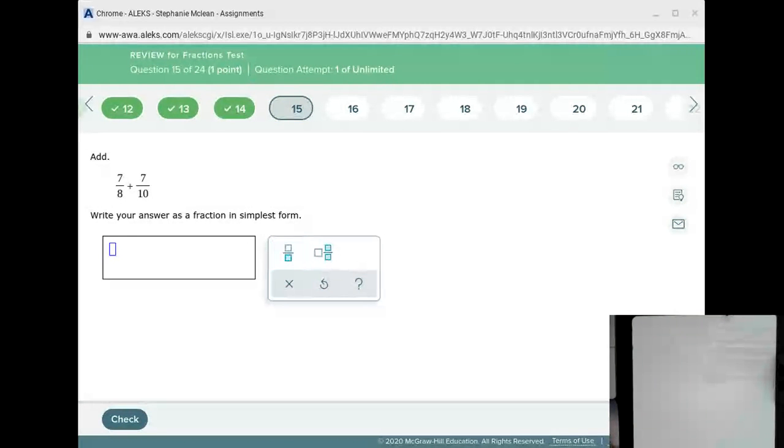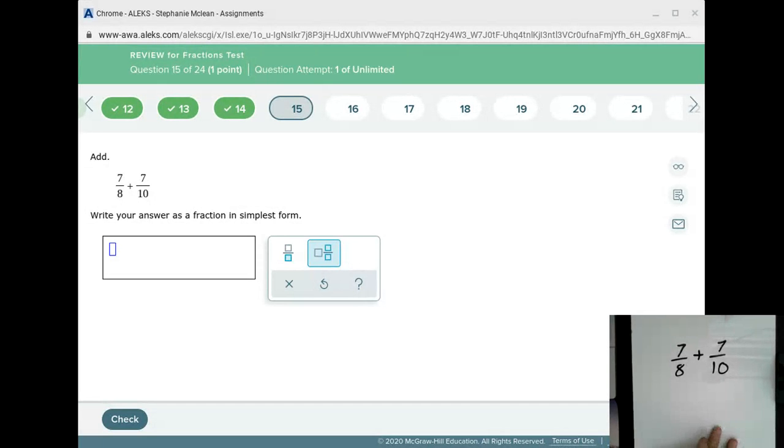Okay. So over here on my little whiteboard, hopefully you guys can see this, I have 7/8 plus 7/10. 40 is my lowest common denominator here.